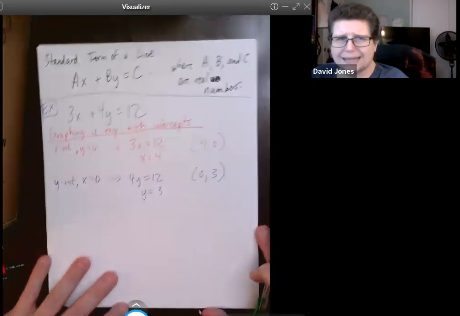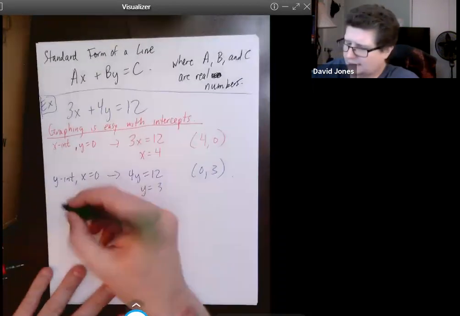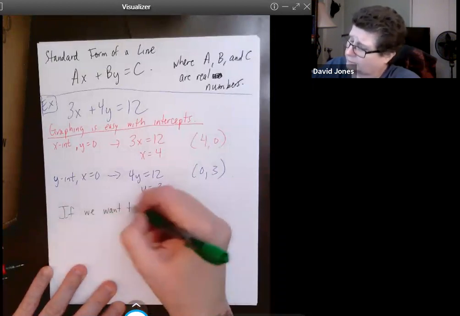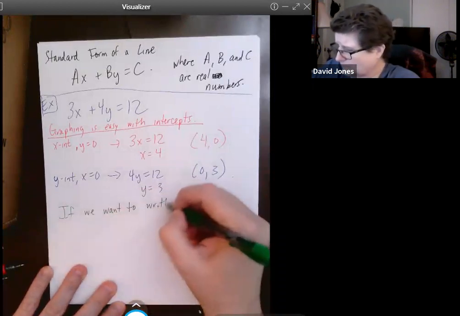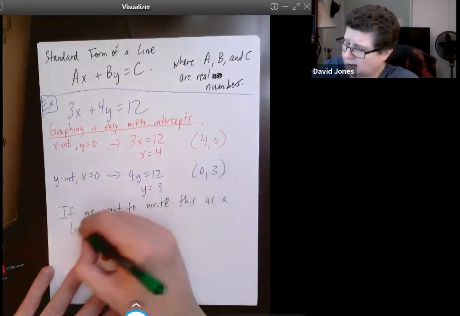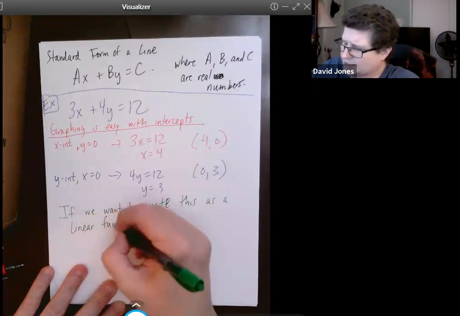If we want to write this as a linear function, we need to solve for y.